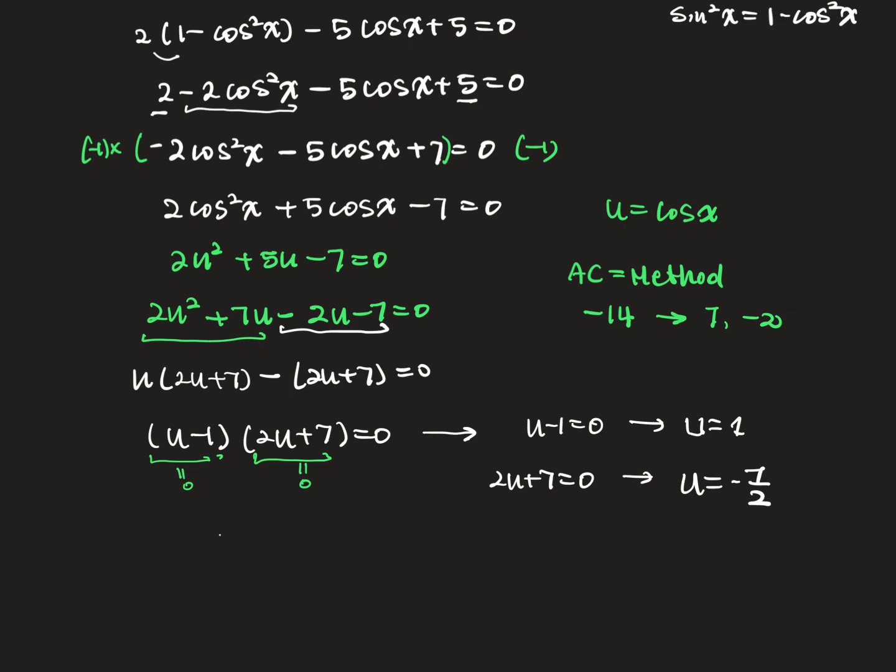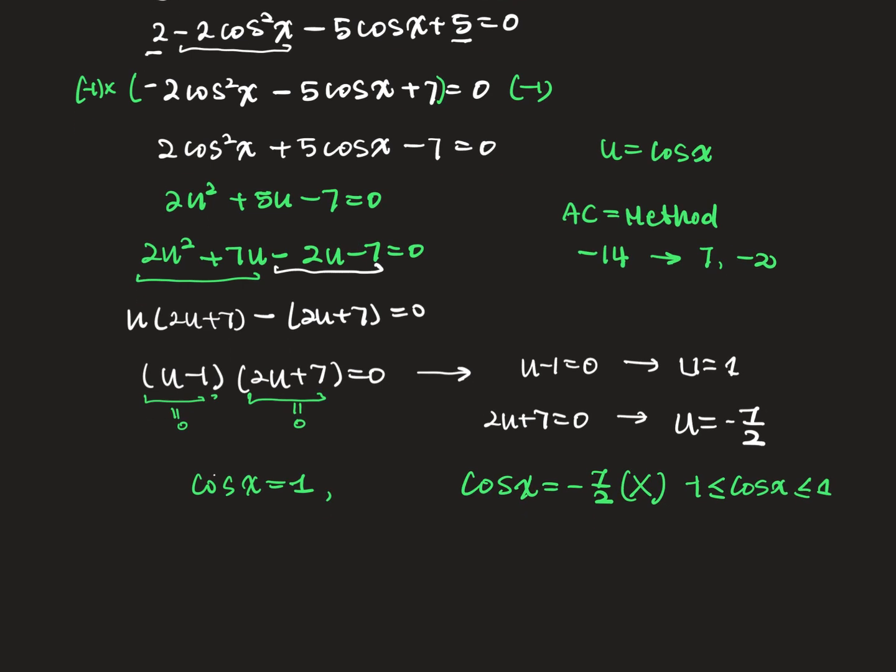So cosine x equals 1, and cosine x equals negative 7 over 2. Cosine should always be between negative 1 and 1, so this one cannot be an answer. So cosine x equals 1, and x equals 0 only. Okay, that's the answer you're going to find, guys.